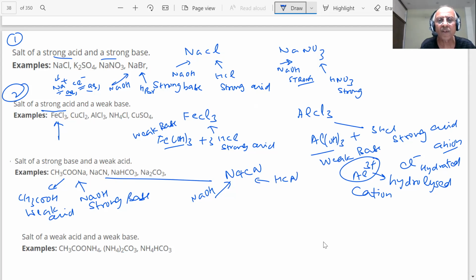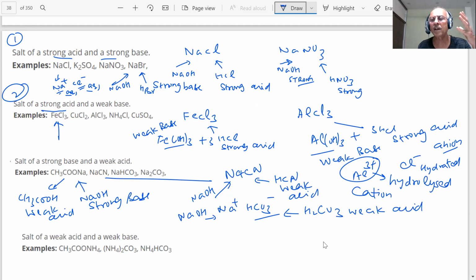HCN, you know, is a weak acid. Here you have sodium coming from a strong base, and HCO3 minus coming from a weak acid, H2CO3, and NaOH. So this is an idea to tell you how the salts are prepared.